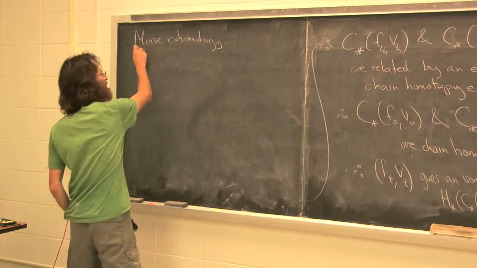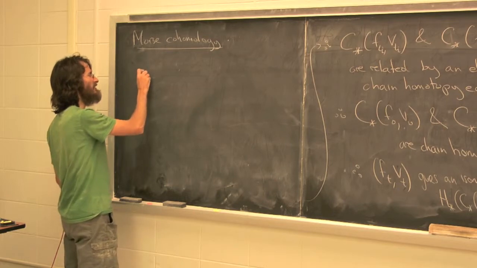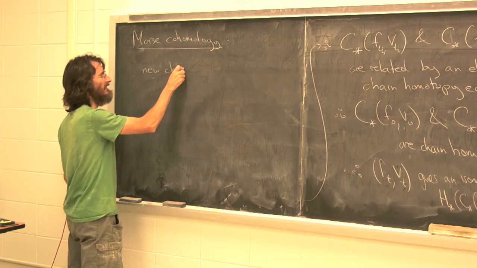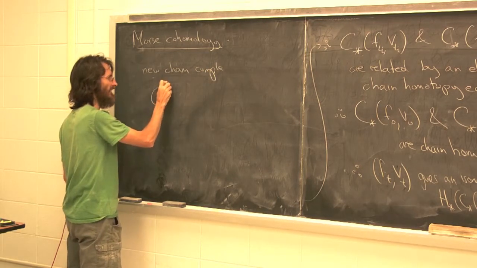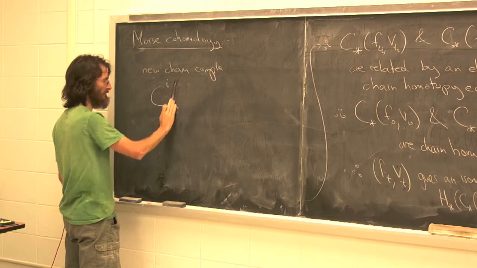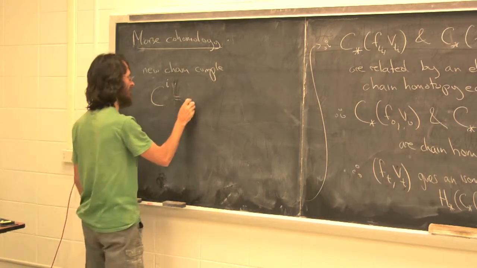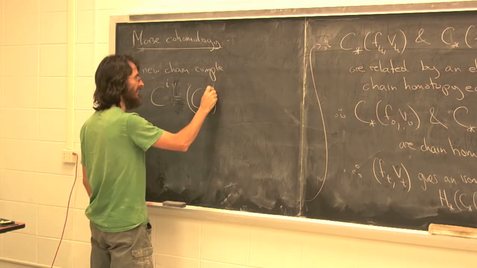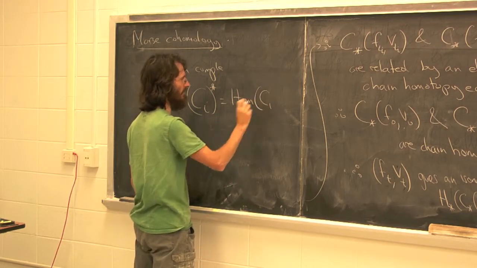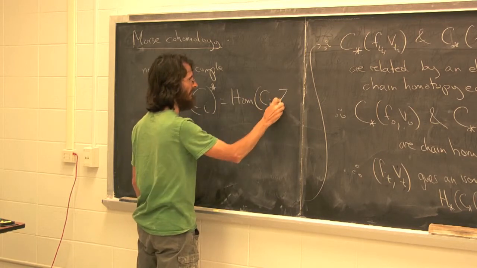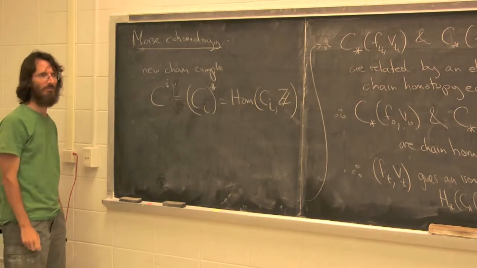So Morse cohomology is very simple. You get a new chain complex, which is just the dual of the original chain complex. So C upper i, I'm going to suppress the dependence on F and V now, is just equal to the dual of C lower i, which just means homomorphisms from C_i into the integers. So it's not the vector space dual, it's the group dual.